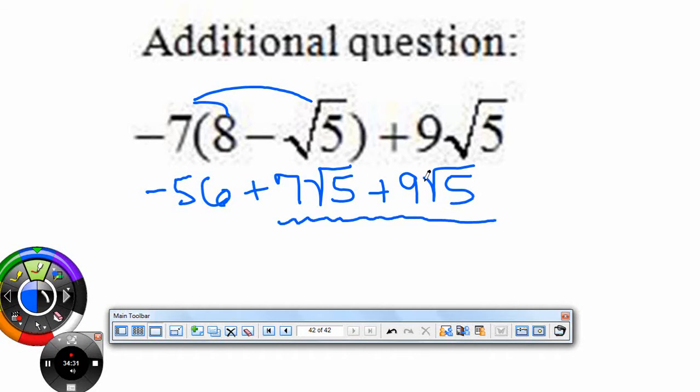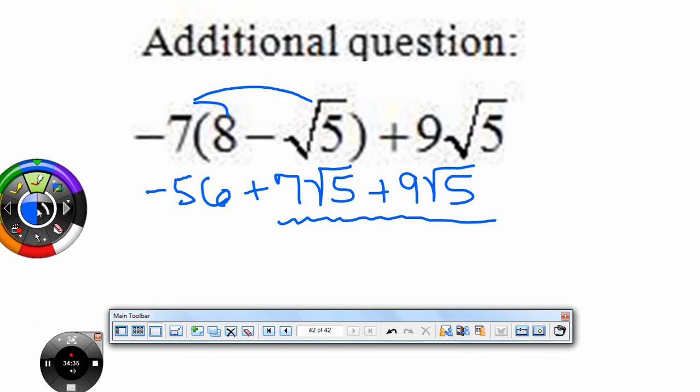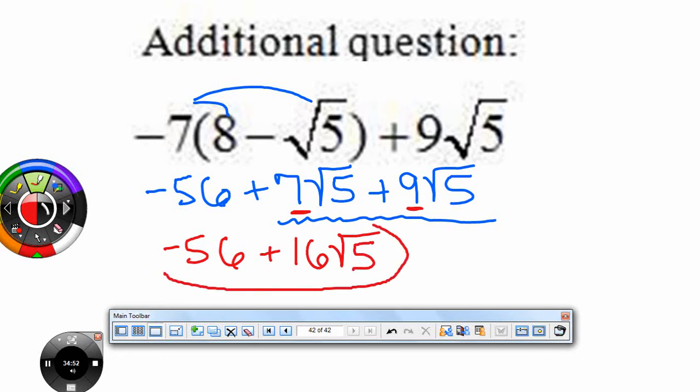You can add and subtract like radical expressions. So this is -56, and you just have to add or subtract the numbers in front. So 7 plus 9 is 16. 16 radical 5. So this is your best answer, simplified. And that is it. Good luck.